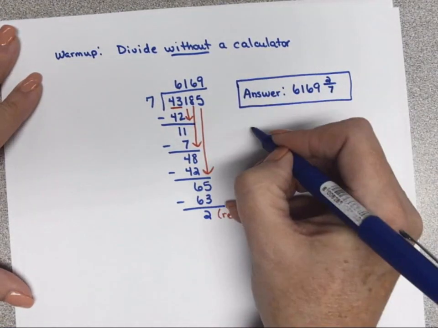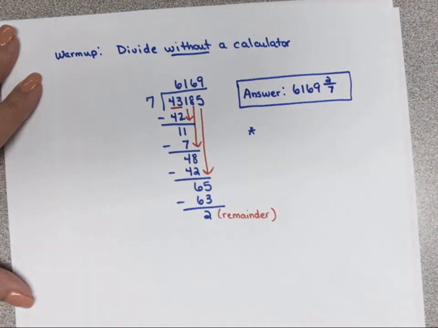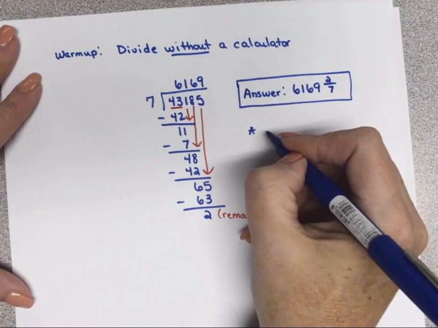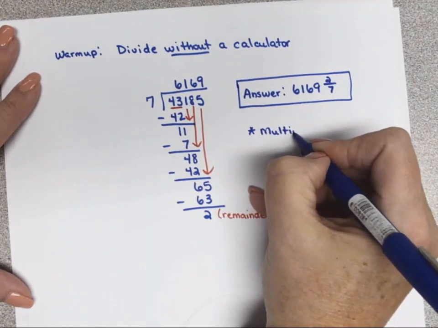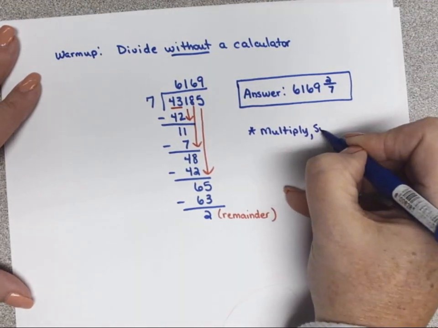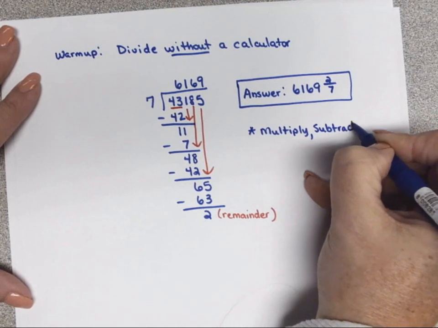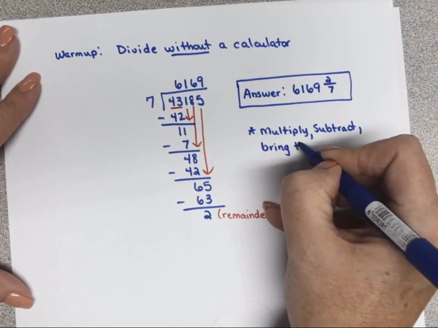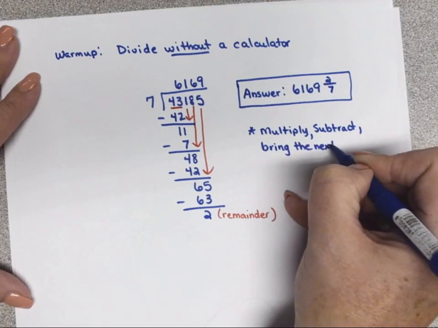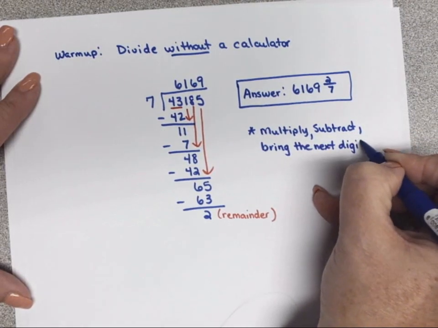Okay. The point of this warm-up exercise was to get you in that frame of thought. What operations were we repeating all the time? We were multiplying, then subtracting, and then doing what? Bring down the next digit. And we did that until we were out of terms, right?